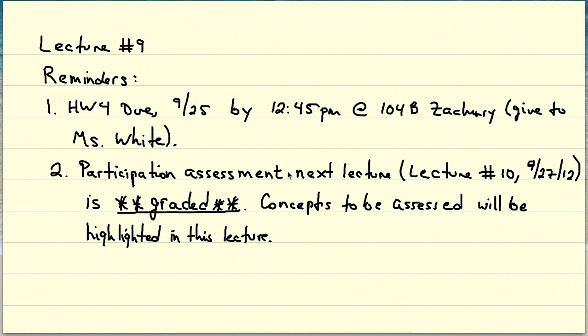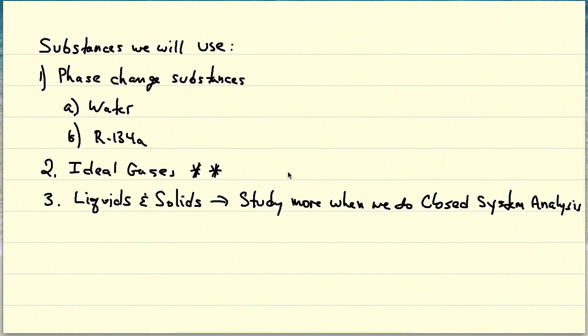Let me quickly summarize where we're at in our discussion so far. We have transitioned into studying properties, and it's helpful to reflect on what types of substances we're going to be looking at this semester. We're going to be looking at 3 major classes of substances.